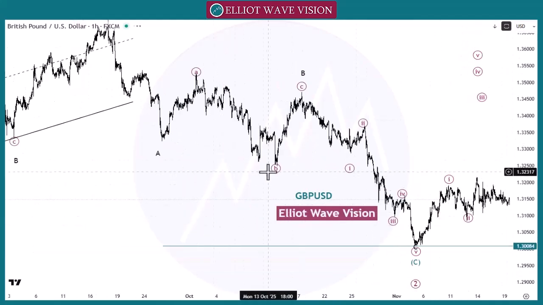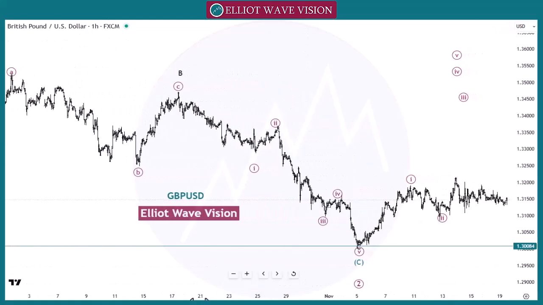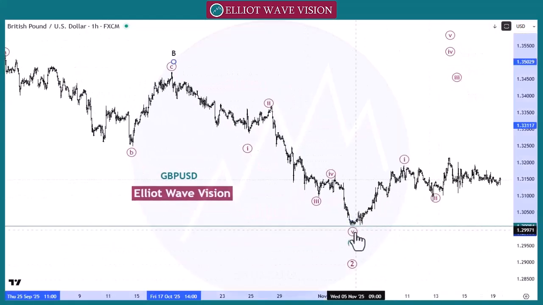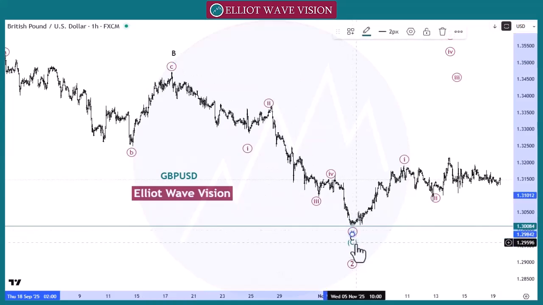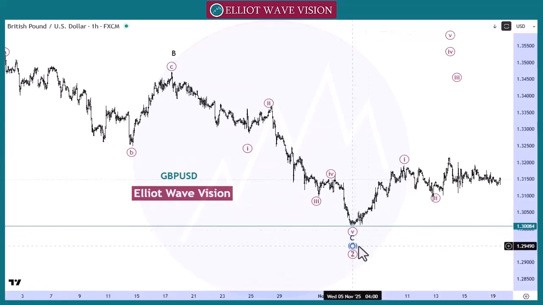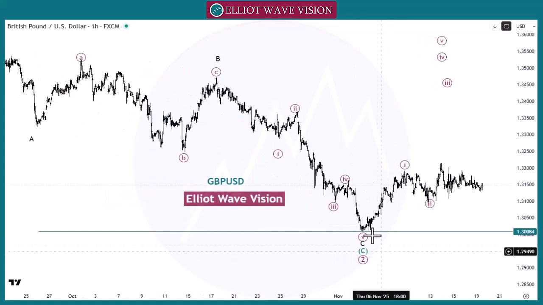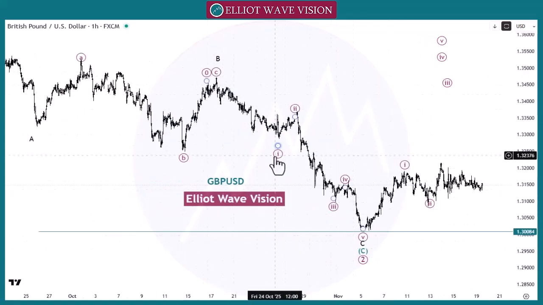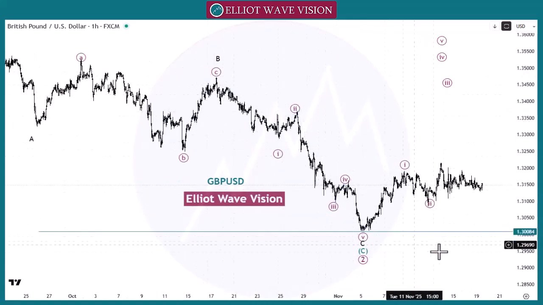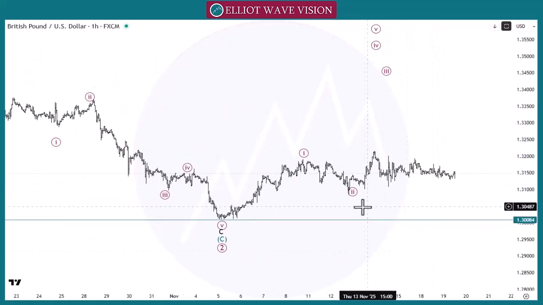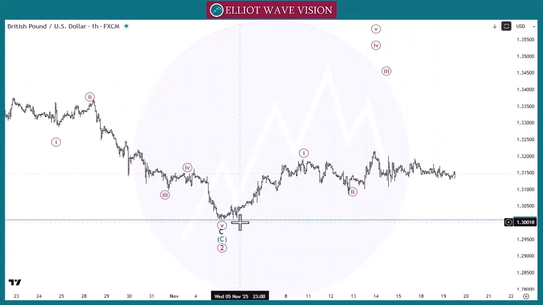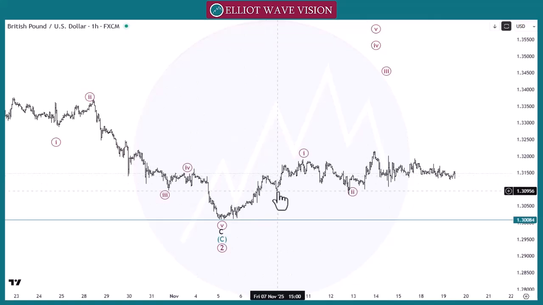So let's talk about this last leg. Okay, so if this correction completed like wave 1, wave 2, 3, 4, 5, and the market gives us the clear wave 1, wave 2, wave 3, wave 4 and wave 5.